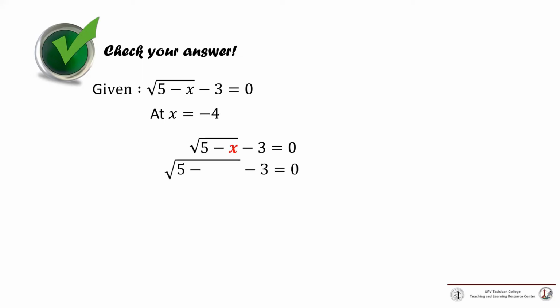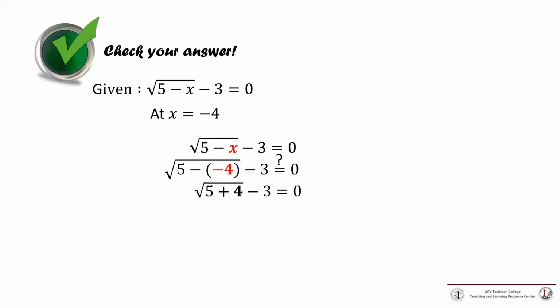And then you substitute negative 4 for the variable x. So we have the square root of 5 minus negative 4, minus 3, is equal to 0. Now, is the left-hand side equal to the right-hand side? We are not yet sure. So we will continue simplifying the expression on the left side.